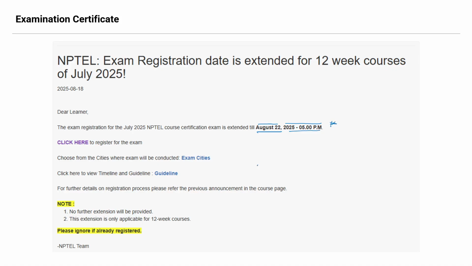If there is any further extension, we need to look out for the announcement section. I sincerely believe that all those who have been appearing for the examination have already registered. Just in case you have not registered, it's hard to see a new deadline, but you can see the announcement section for those things. And if not, you can email the NPTEL support team to find out more about it.